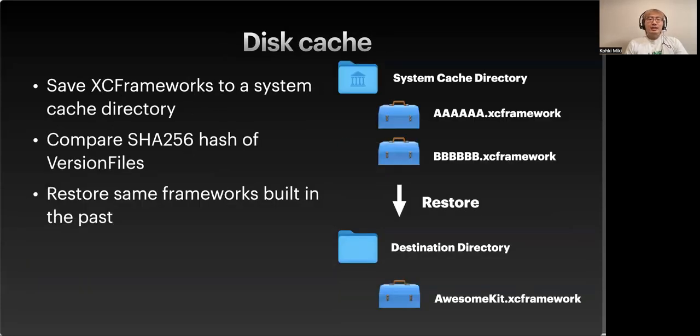The local disk cache is a strategy to save the built XCFramework and version file to a separate disk space. It generates a SHA-256 hash from the version file. Built frameworks are stored by the hash under the system cache directory. This strategy allows restoring and reusing frameworks that have been built in the same context in the past.